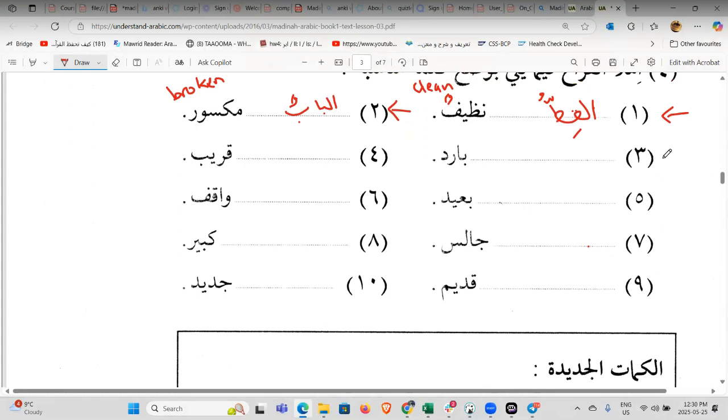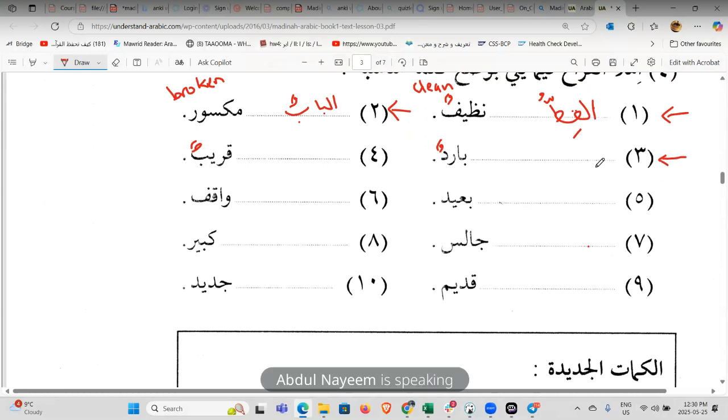So the next person would be Abdul-Naim. So we have baridun, meaning cold. So what would come first? And we have qaribun, meaning close or near. Go ahead. It's Abdul-Naim. We're going backwards alphabetically.